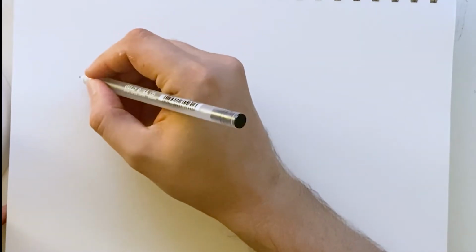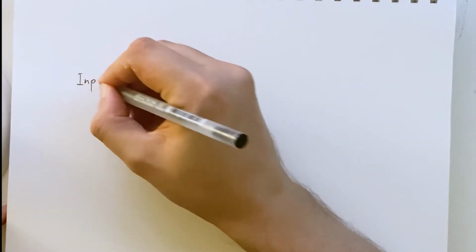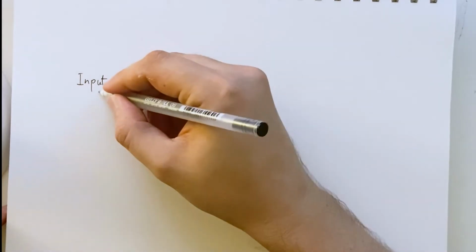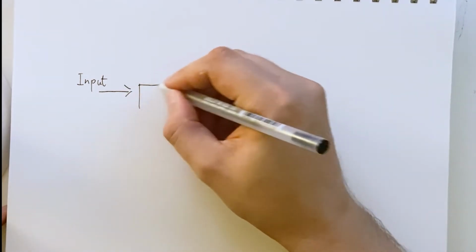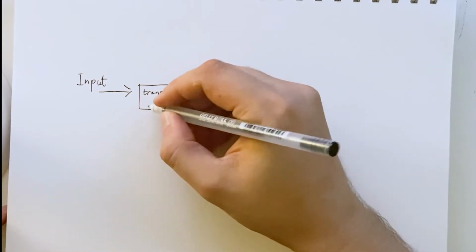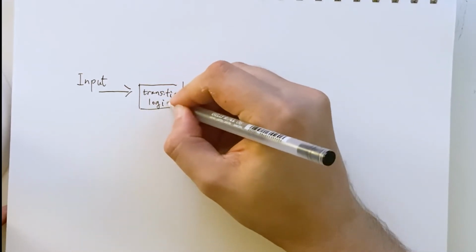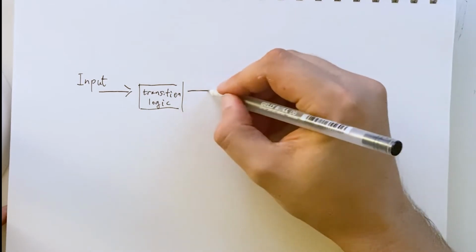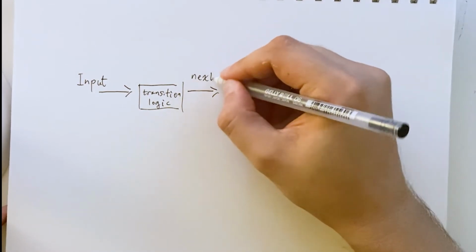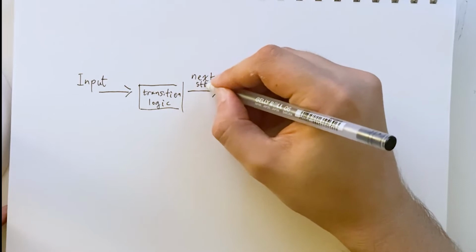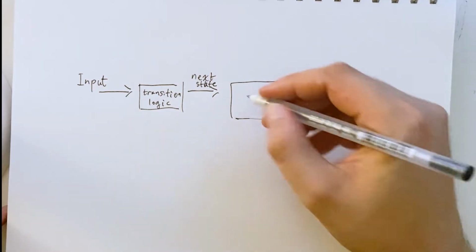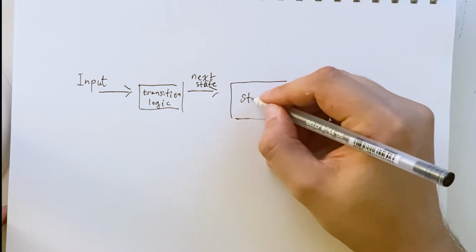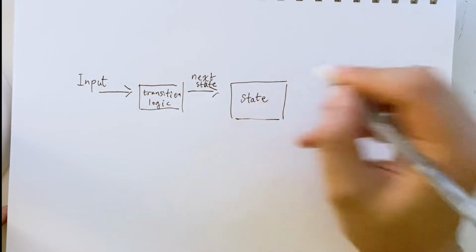Basically, finite state machines. Now, the way a finite state machine works is we have some input of some kind, and we have a transition logic, a transition decision of some type, and that tells our machine what its next state should be, and that is remembered in a set of variables representing the state.